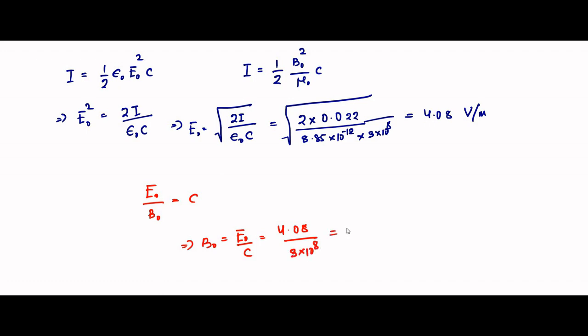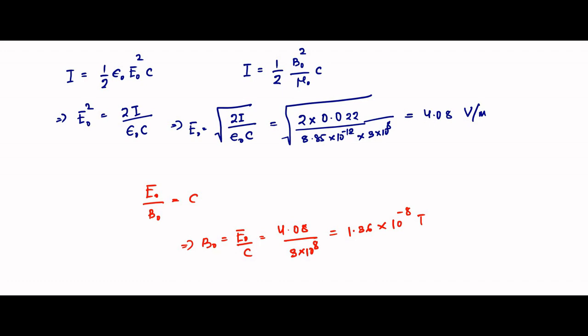So it is coming around 1.36 into 10 to the power minus 8 Tesla. So this is the value of electric field, this is the value of the magnetic field amplitude.